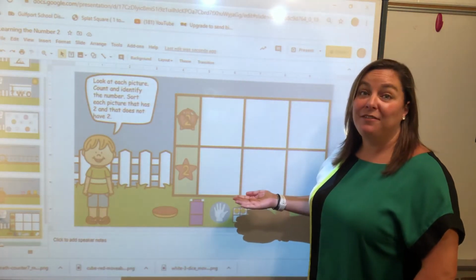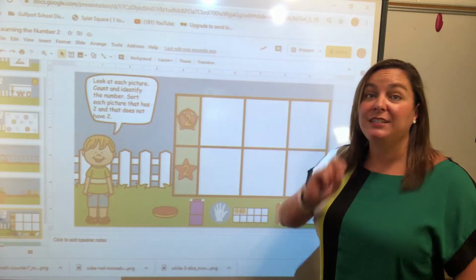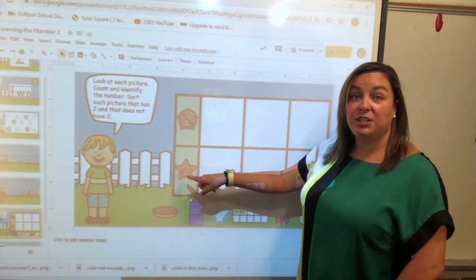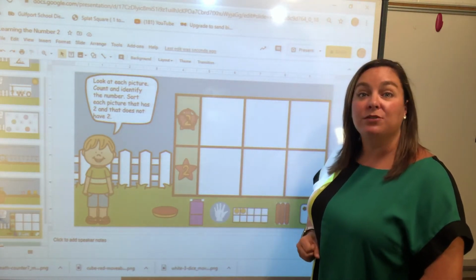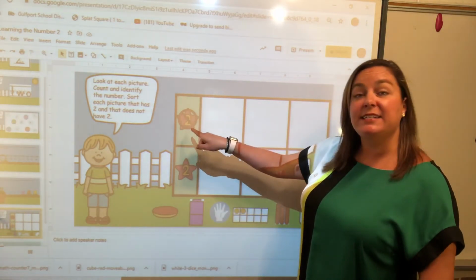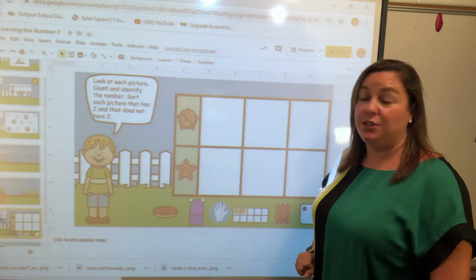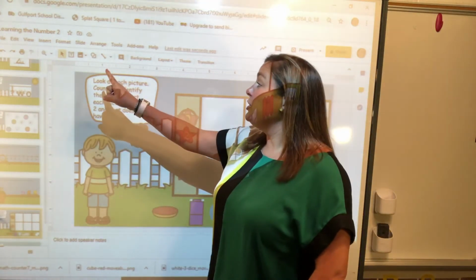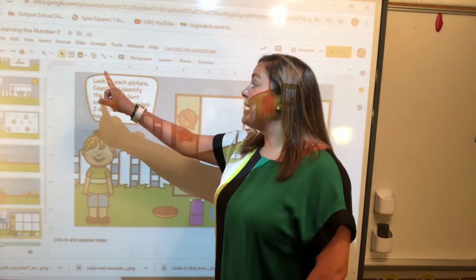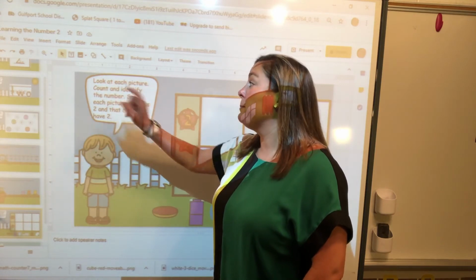Here is our graph, and our graph has 2 sections. One section is for the picture that has the amount of 2. Our next section is for the picture that does not have the amount of 2. Look at each picture. Count and identify the number.